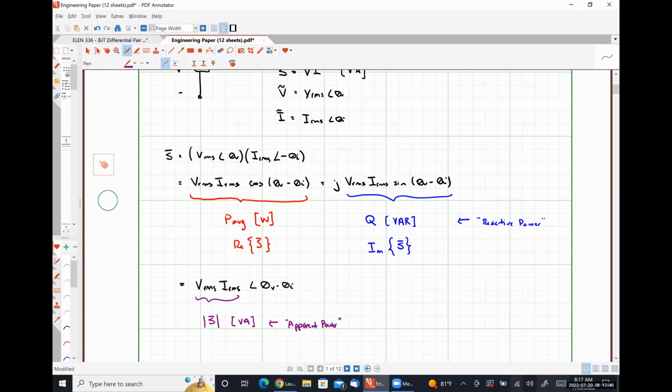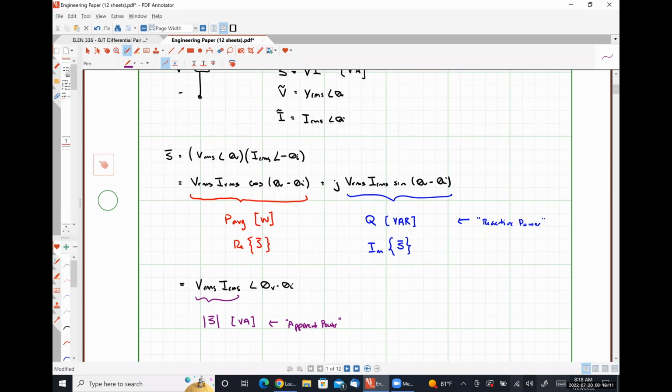Because the apparent power is the complex power without any phase angle contributions, in a sense, it represents the worst case scenario because it's the product of effectively the peak value or the effective value of the voltage times the effective value of the current that isn't reduced by any phase angle difference that may be present.